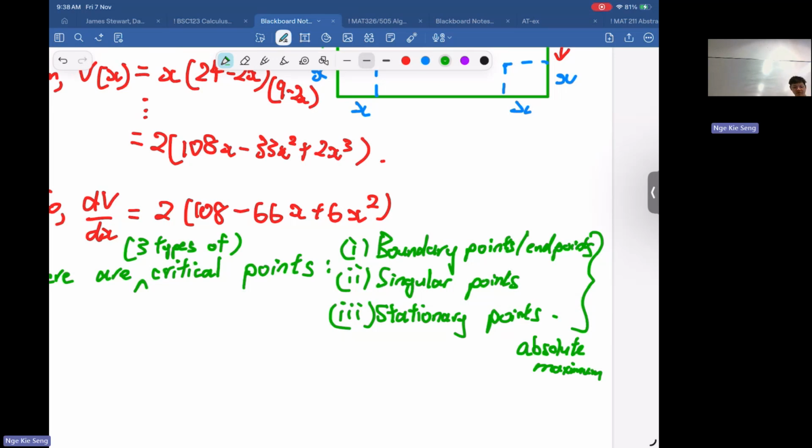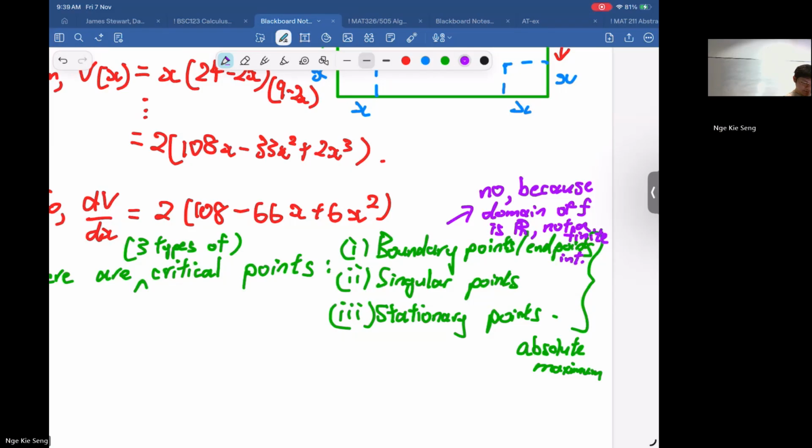Singular points, do you need to worry about them? So here, no boundary point because the domain of f is everything, okay? Not a finite interval. Singular points, okay?